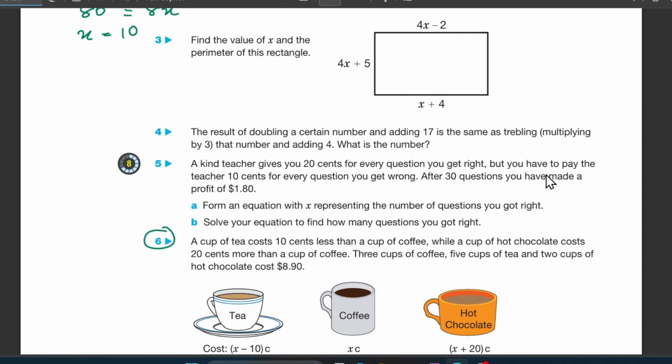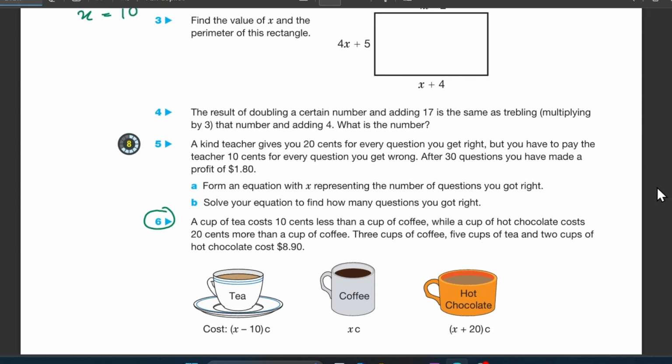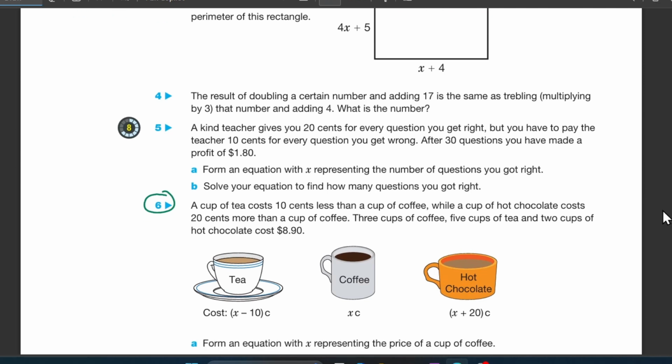A cup of tea costs 10 cents less than a cup of coffee, while a cup of hot chocolate costs 20 cents more than a cup of coffee. 3 cups of coffee, 5 cups of tea, and 2 cups of hot chocolate cost 8.9.